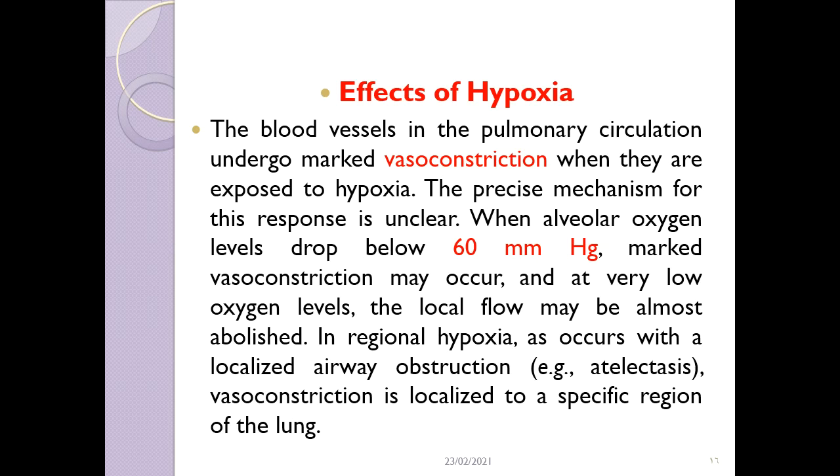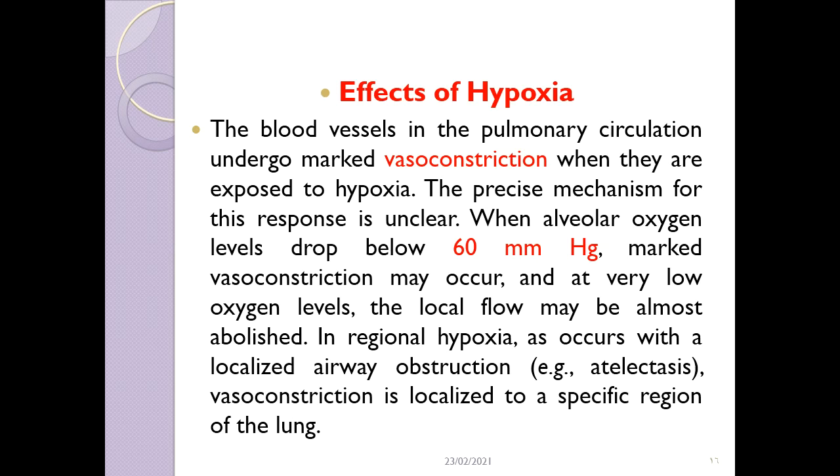There will be a marked vasoconstriction when the oxygen level drops in this area, and at a very low oxygen level, the local flow may be almost abolished. I mean the local flow of blood in these vessels at the area of decreased oxygen level.